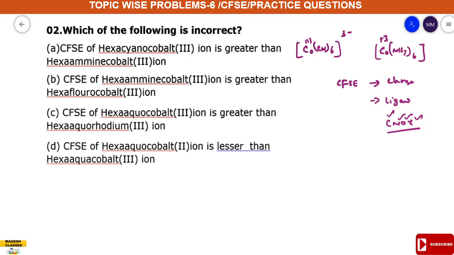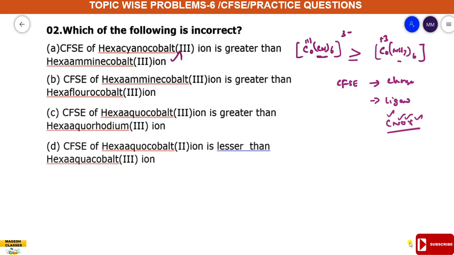In this case, carbon, and in this case, nitrogen. So the carbon ligand, that is the cyano ligand, is stronger than ammonia. So in the hexacyanocobalt(III) case, the CFSE is greater. This is a correct statement.